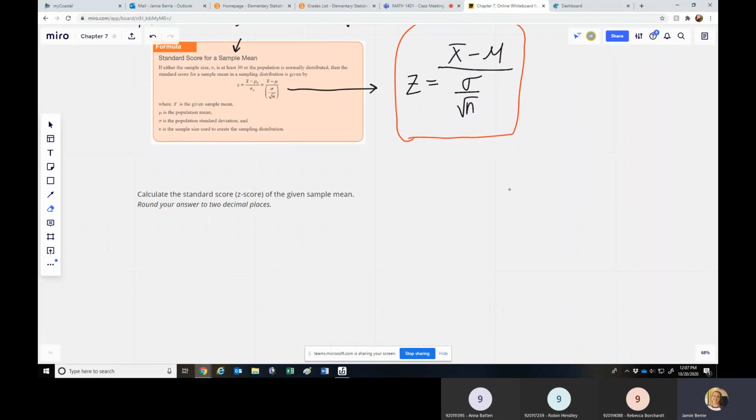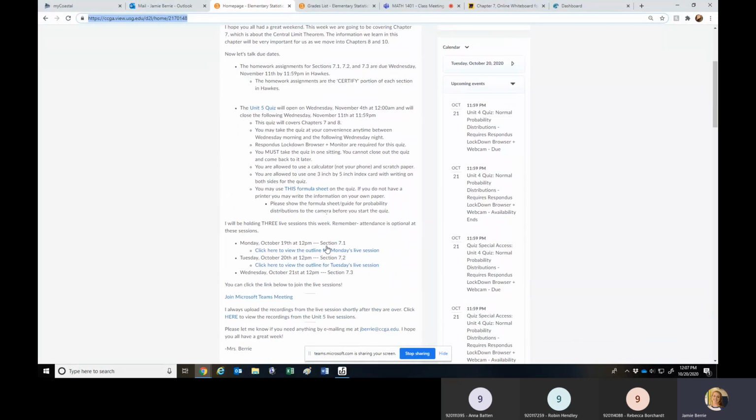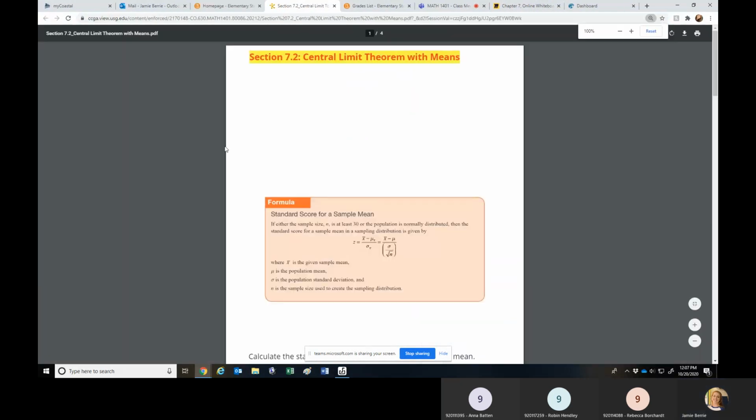All right, so it says calculate the standard score, the z-score, of the given sample mean. Round your answer to 2 decimal places. Earlier it said some of my data was lost, but I couldn't figure out where, so that must have been where it was.